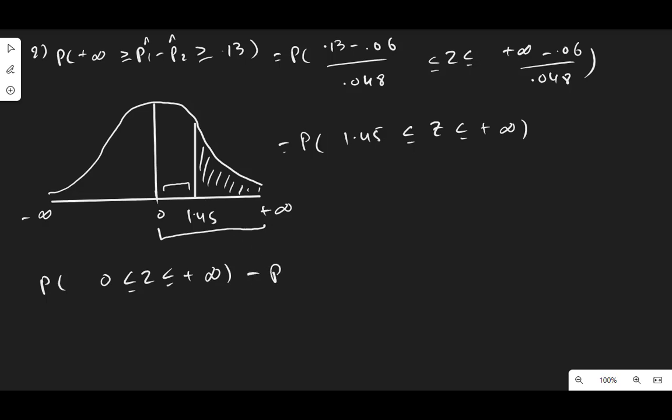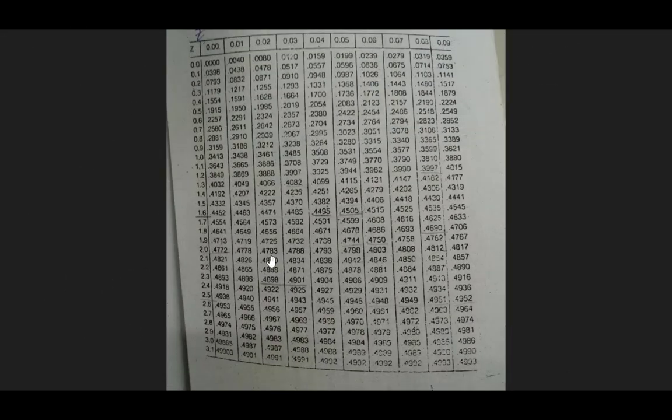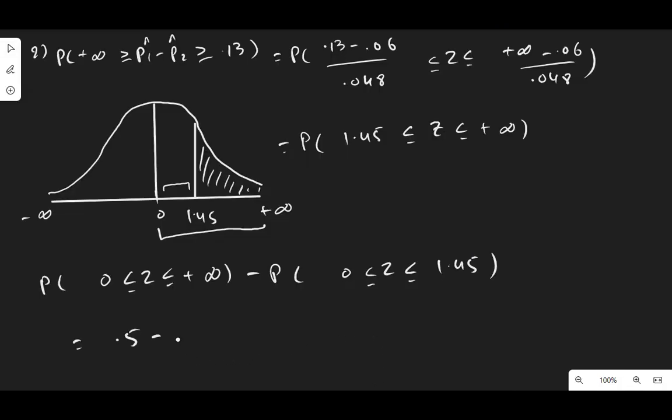You will be left with the shaded area. The half area is 0.5 minus the value under 1.4 and column 5, which is 0.4265. So you get 0.073, which is equal to 7.3%. Do the remaining two parts yourself. Well done, this is the right method as I have done it; practice in the same way.